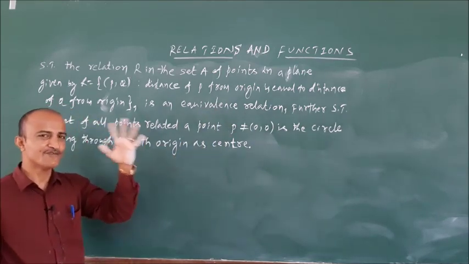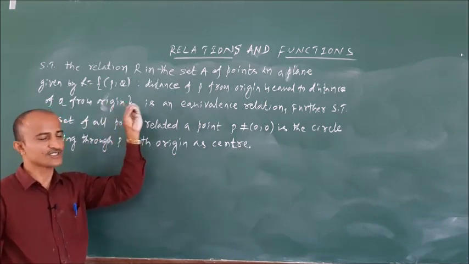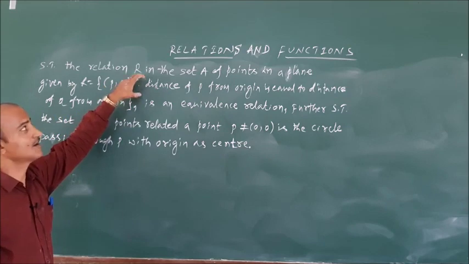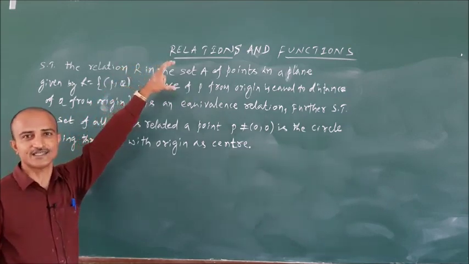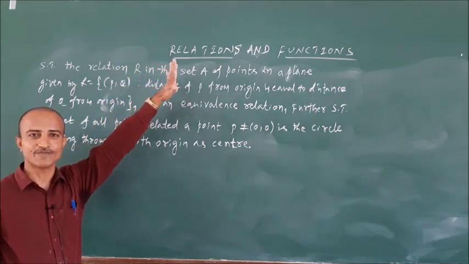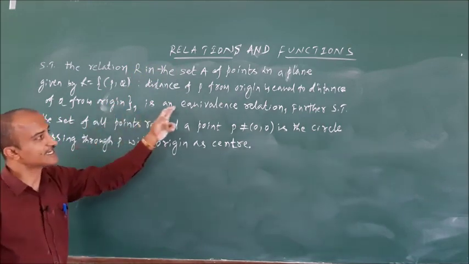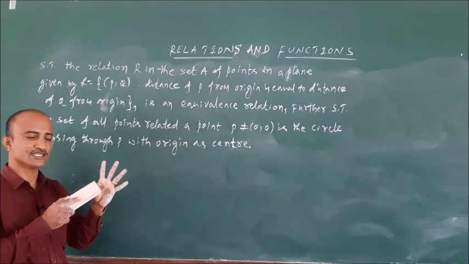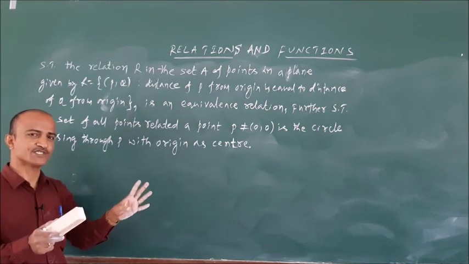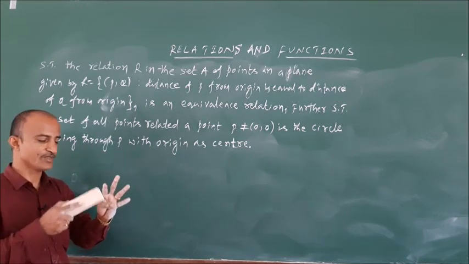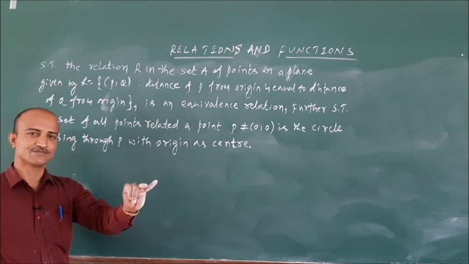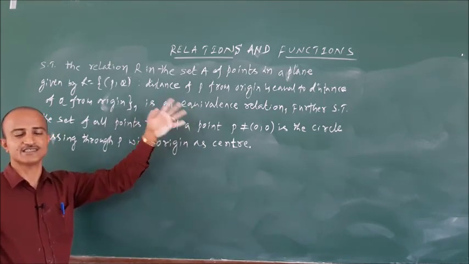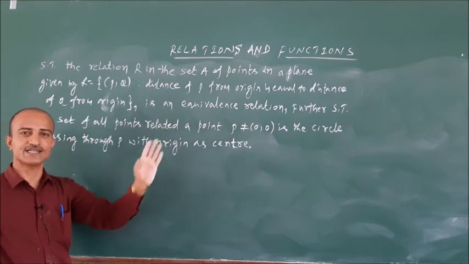We have half of the solution in the question itself. They have defined a relation R on the set of points in a plane. Show that it is an equivalence relation, which means 100% it should be reflexive, symmetric and transitive. We need to give reasons how the given relation is reflexive, symmetric and transitive.